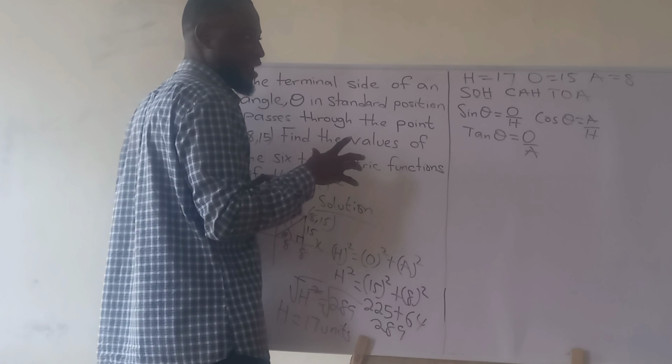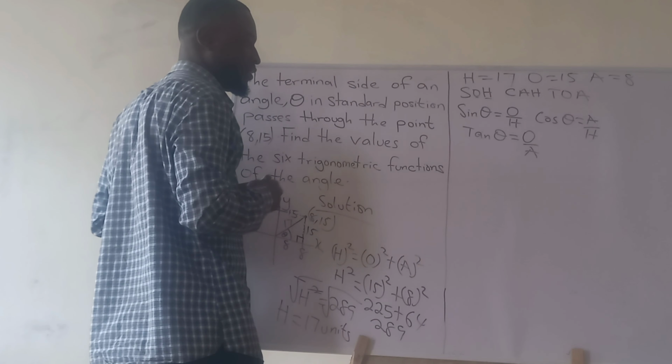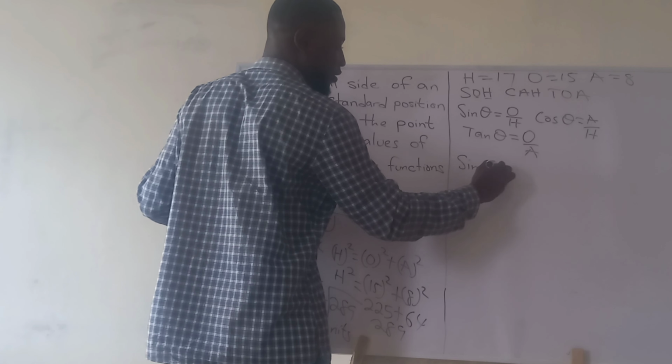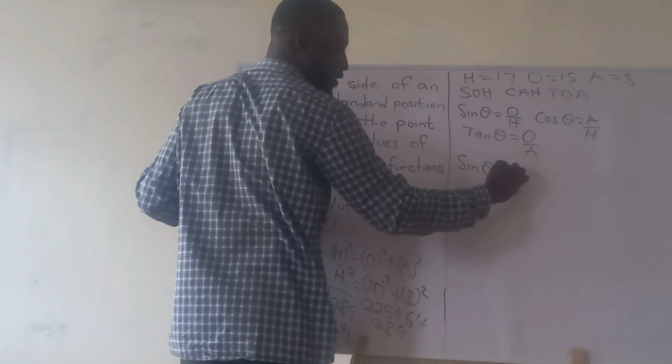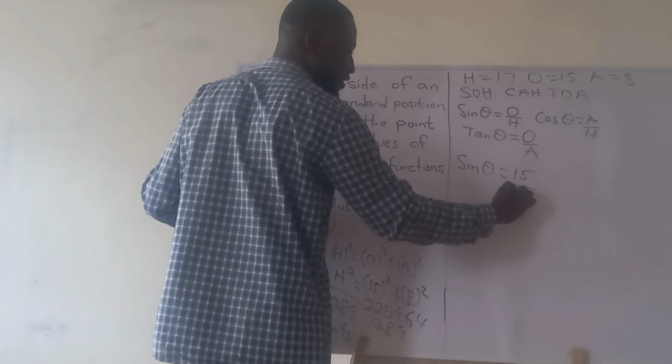If you know this, then you can plug in the values which are given. So our sin theta here is opposite, which is 15, over hypotenuse, which is 17, so 15 over 17.